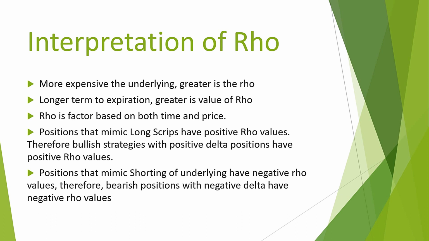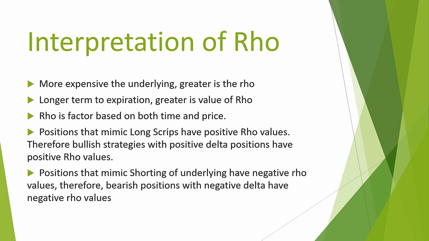Positions which mimic long scripts have positive rho values. Therefore, bullish strategies with positive delta positions have positive rho values, and positions that mimic shorting of underlying have negative rho values. Therefore, bearish positions with negative delta have negative rho values.